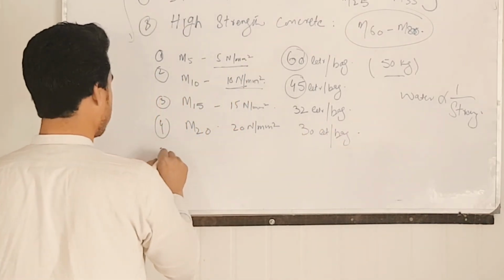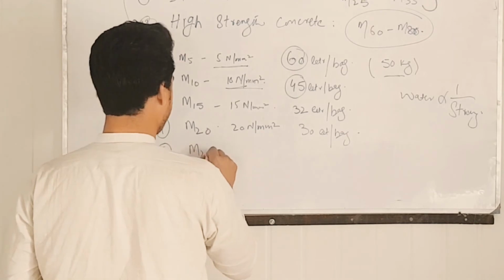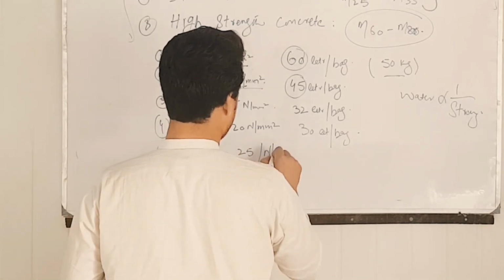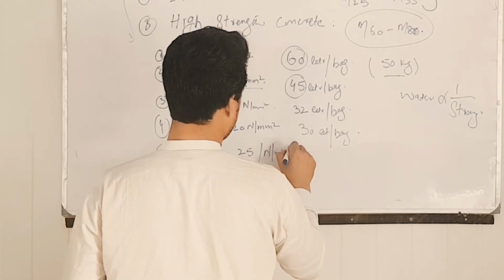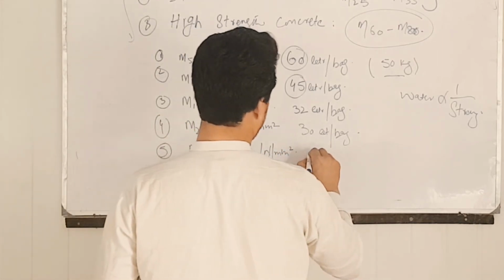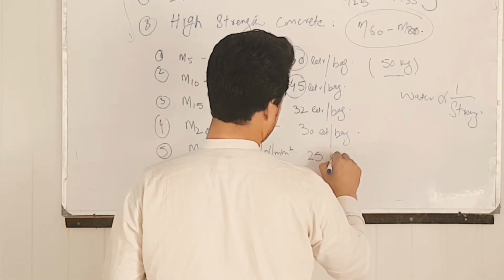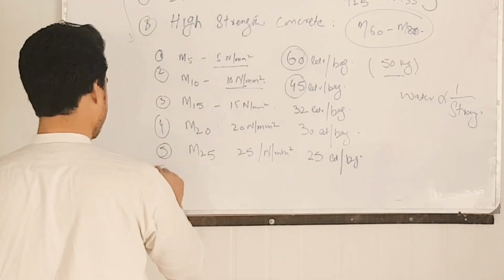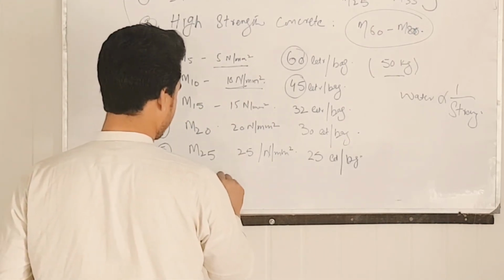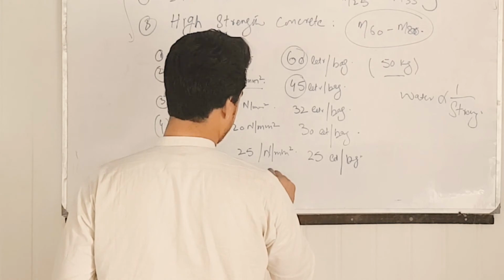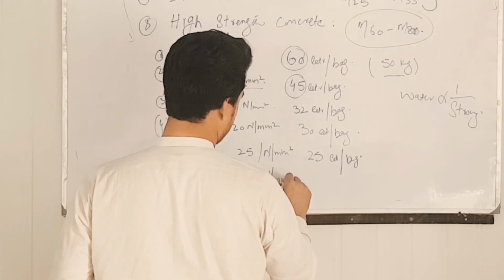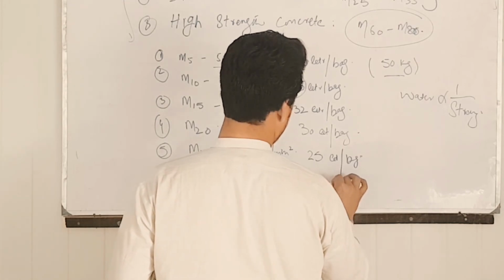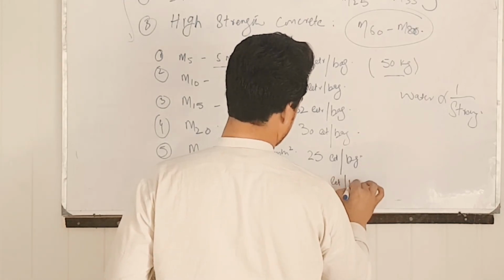The value number 5 is M25, where the strength is 25 Newton per millimeter square and the water required is 25 liters per bag. Okay, number 6 is M30, where the strength is 30 Newton per millimeter square and the water required is 21 liters per bag.